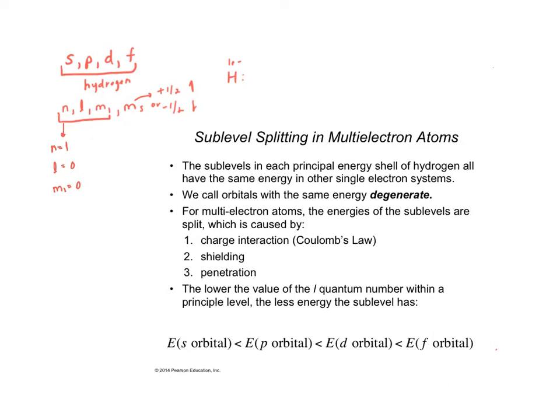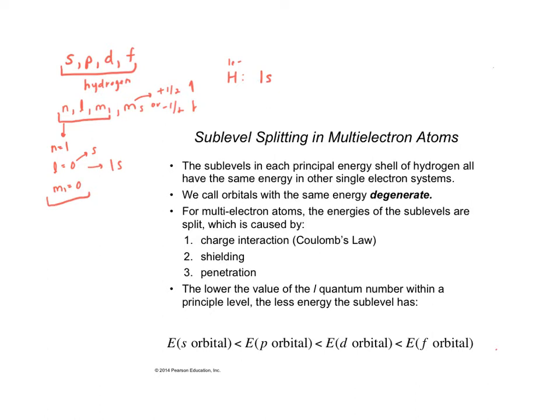So this orbital with quantum numbers of 1, 0, 0 specifies the 1s orbital, because the value of 0 for l, we gave it a letter designation, we called it s, so that it wouldn't get confusing, okay? So this is the 1s orbital.